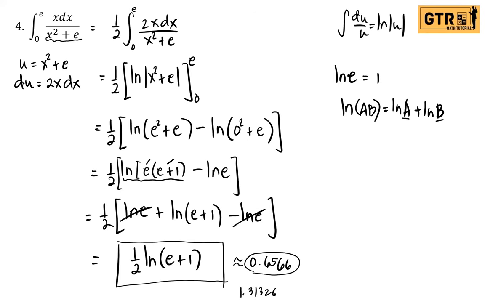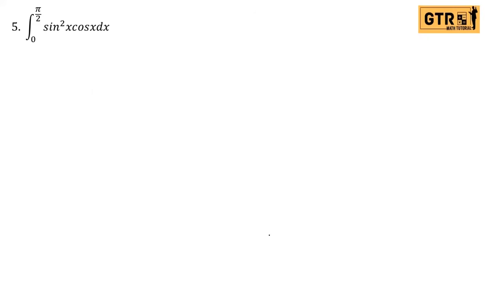Okay, next, number 5, the last number. We have the integral of sine squared x cosine x dx from 0 to pi over 2. If we let u be sine x, our du will be cosine x dx. So it is in the form integral of u to the n du.